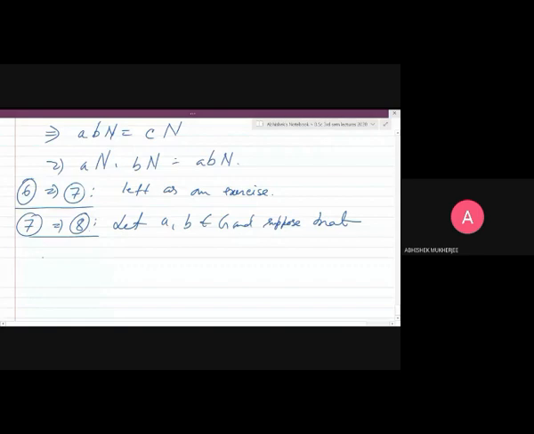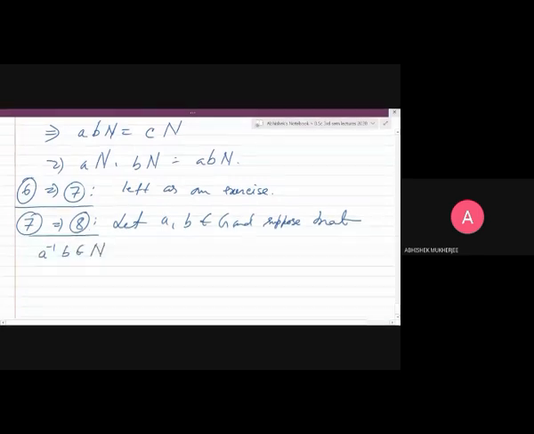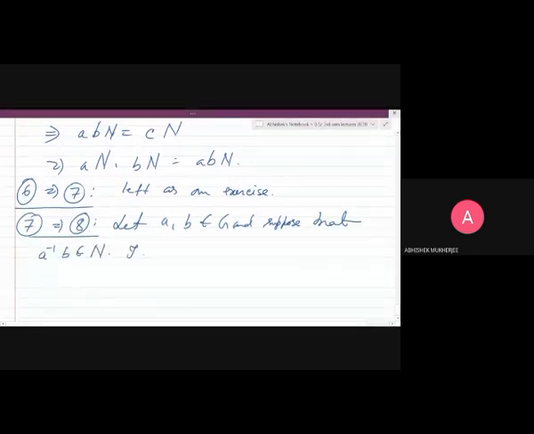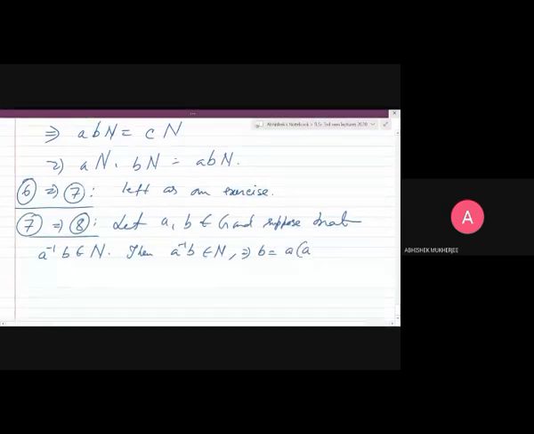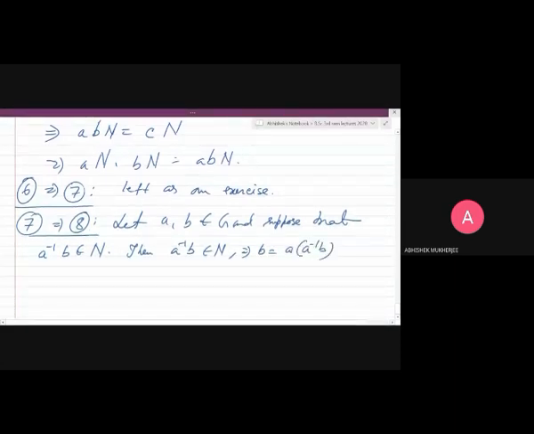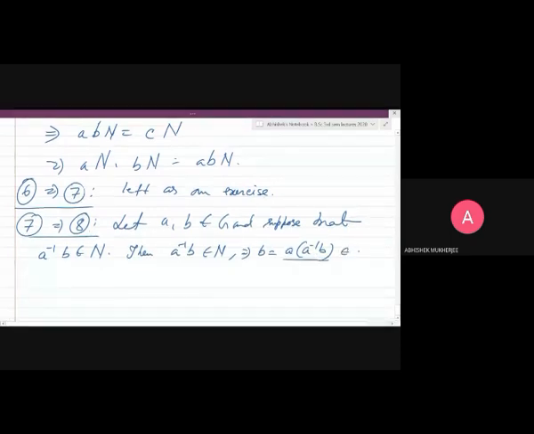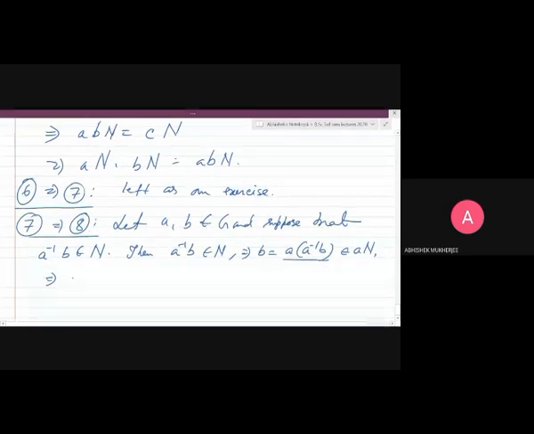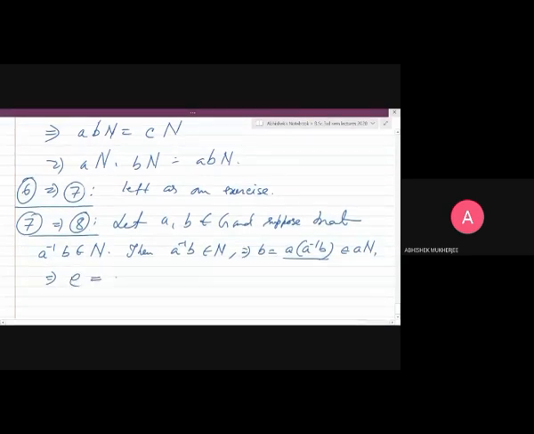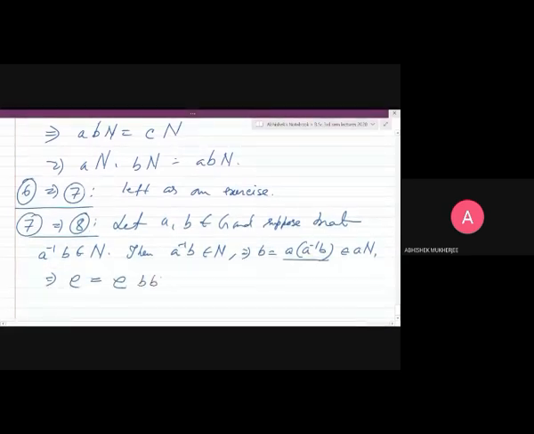A inverse B belongs to N. Then A inverse B belongs to N implies B equals A times A inverse B. Okay. So since A inverse B belongs to N, this element is in the left coset AN. And using this, identity can be written as B B inverse, right?